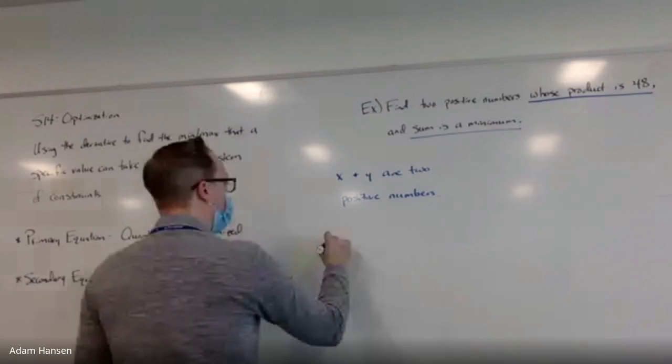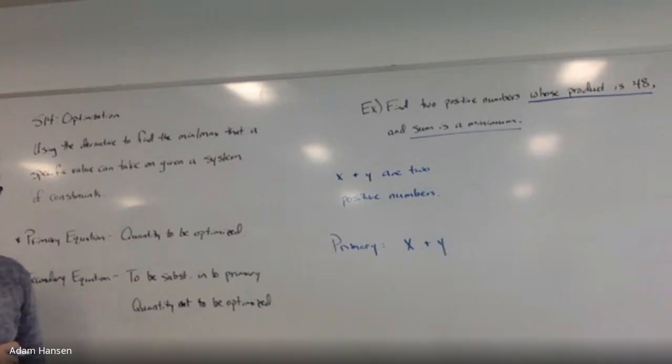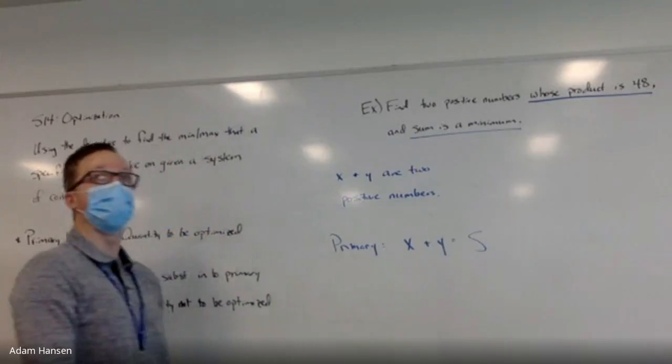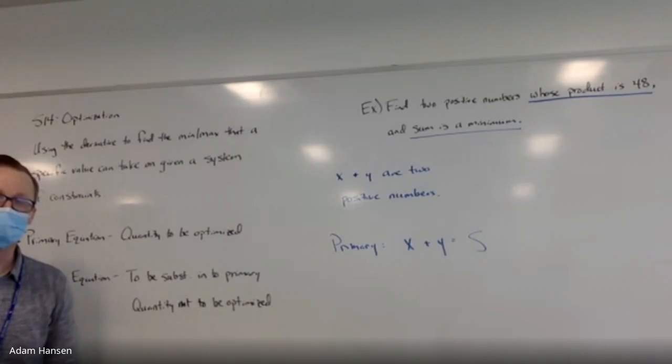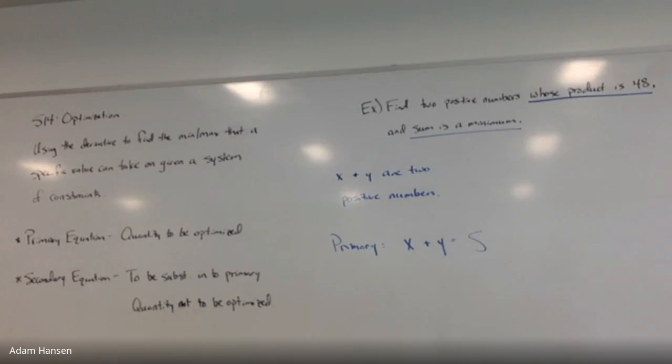So my primary equation is going to be x plus y, the sum of my two numbers, equal to some sum, let's just call it S for sum, or M for minimum, whatever you want. I know that x plus y is going to have some sum. That's my primary equation, because that involves the quantity, the sum, that I want to make as small as possible using the derivative.